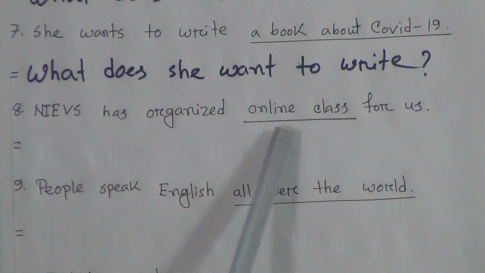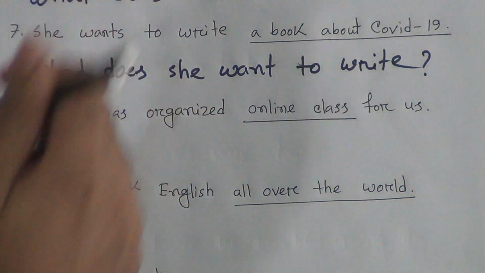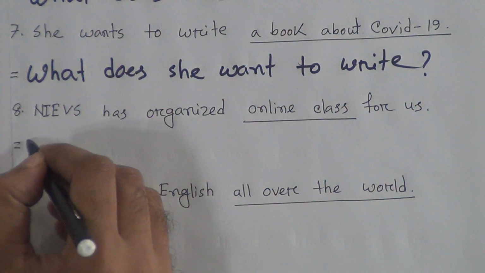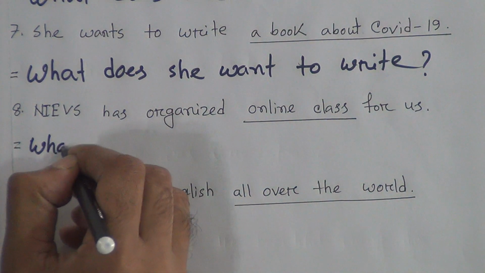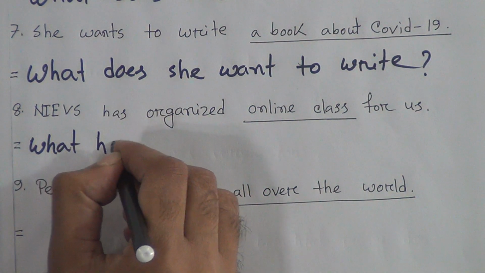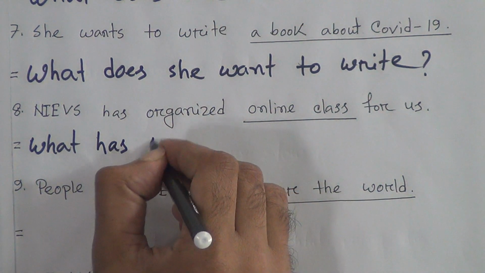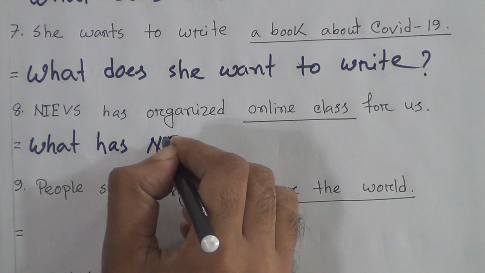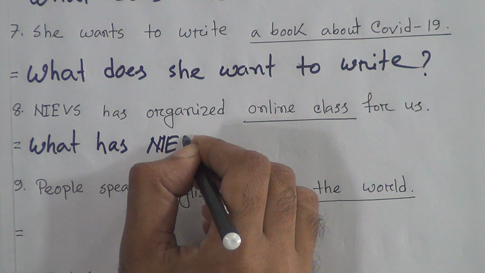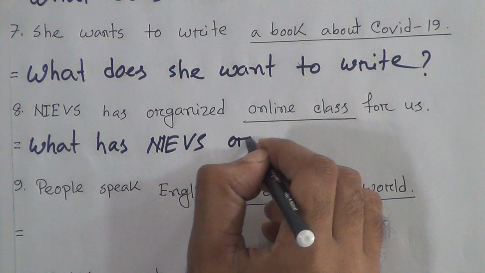So online class is the object of the verb, so we will use what, and then take the auxiliary verb has, then the subject NIEVS. What has NIEVS organized for us?